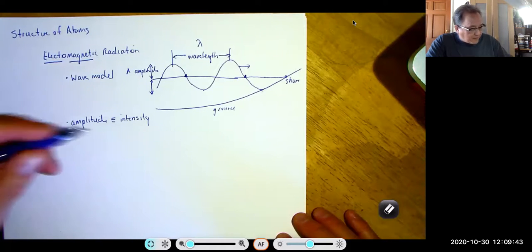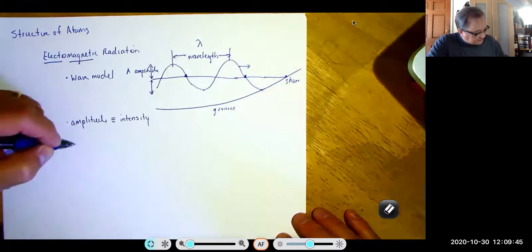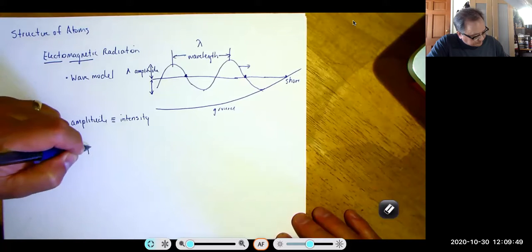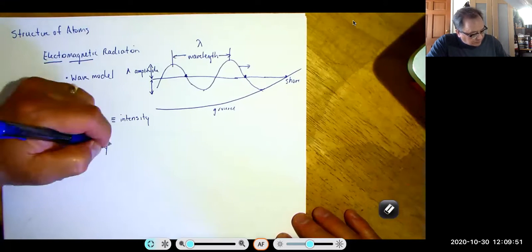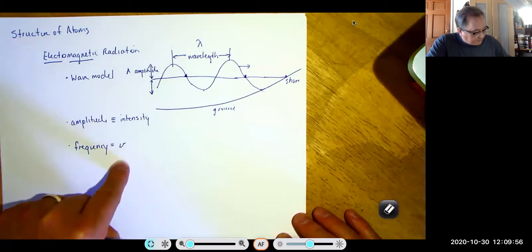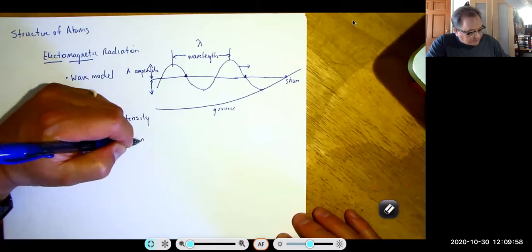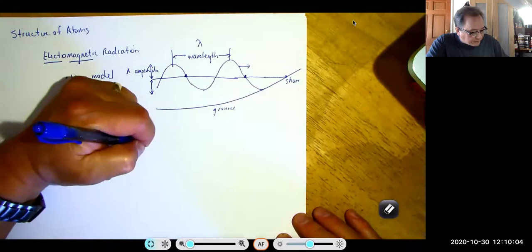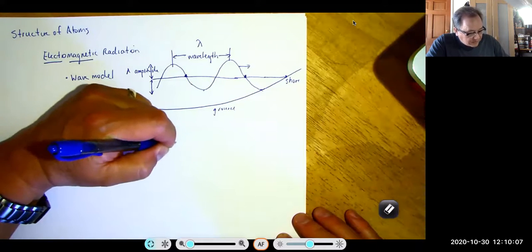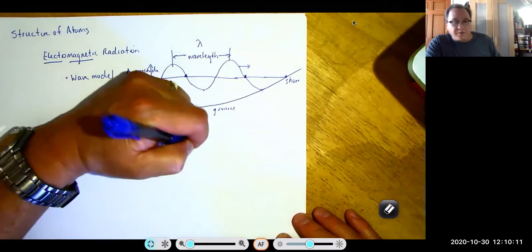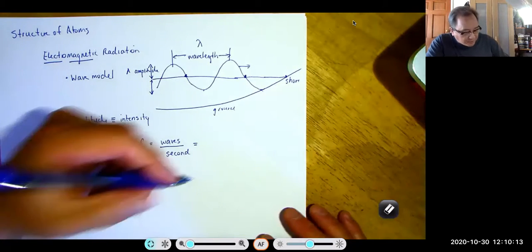Now, the other thing about the waves we have is something called frequency. And for frequency, we use the letter nu. This is a Greek letter. On a lot of physics textbooks, they'll use the letter F for frequency. And this is equal to waves per second. And normally we don't say waves per second, we just say per second.